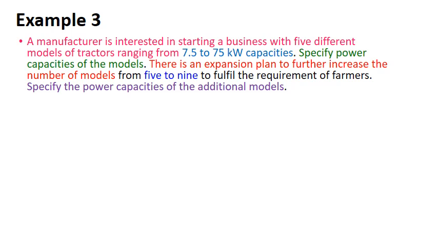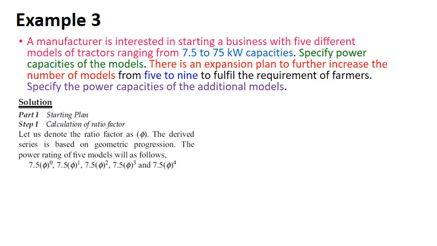The next part is he wants to expand it, to increase the number of models from 5 to 9. In that case, what are the power capacities of the additional models? Again, the series factor for that case will be different. In either case, you have to evaluate the series factor like in the previous problem. You write it like this: 7.5 into the series factor raised to 0 until the fifth one.